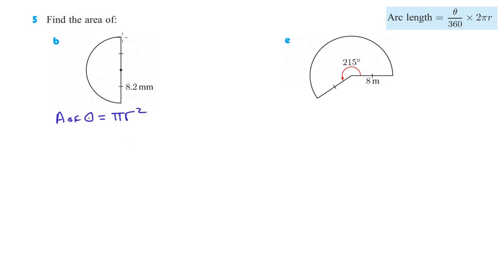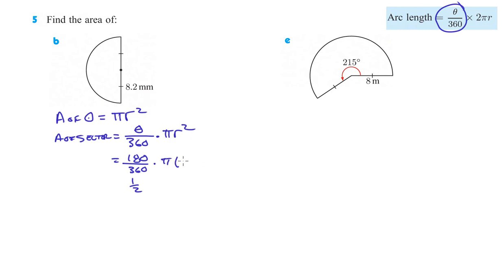So this shape here is just going to be half of that circle, so the area of a sector is going to equal, we'll use this same idea of theta over 360 times pi r squared. Okay, so this is 180. So we do 180 over 360, which gives us a half, times pi times our radius, which is 8.2 squared, right?